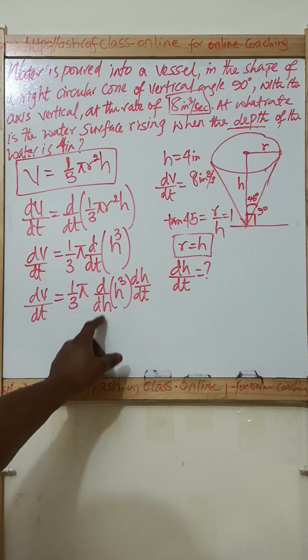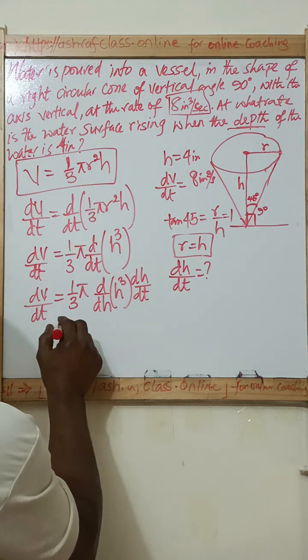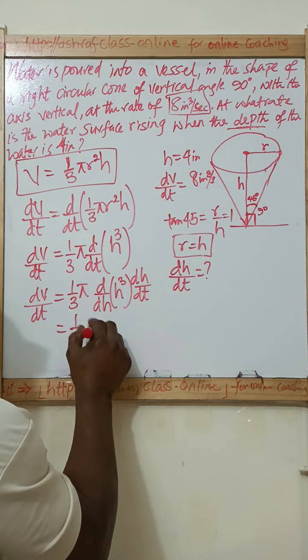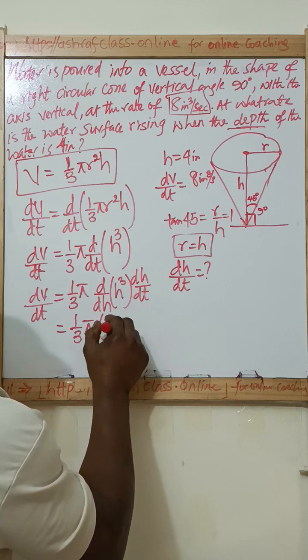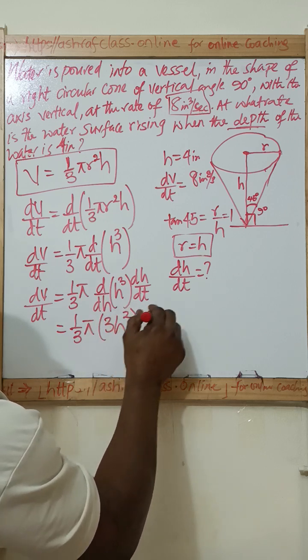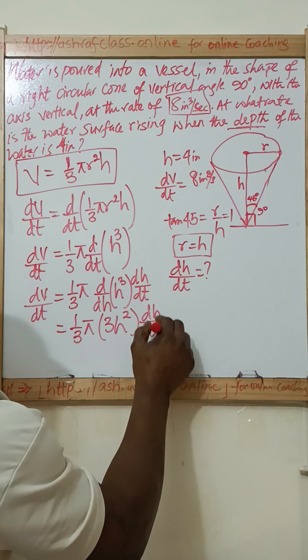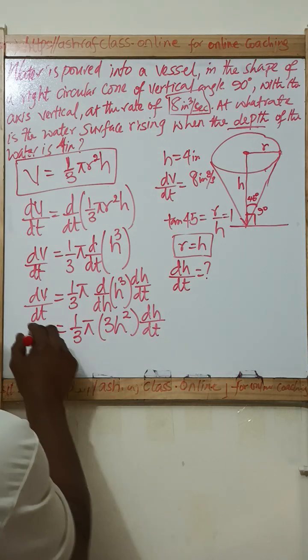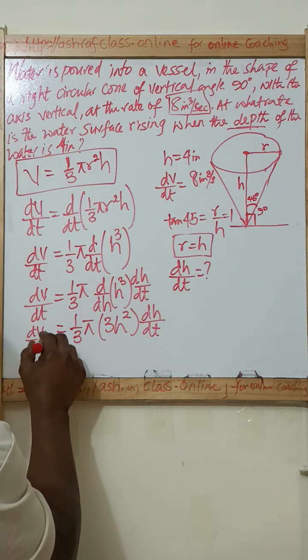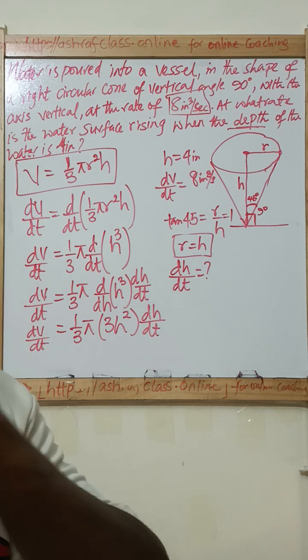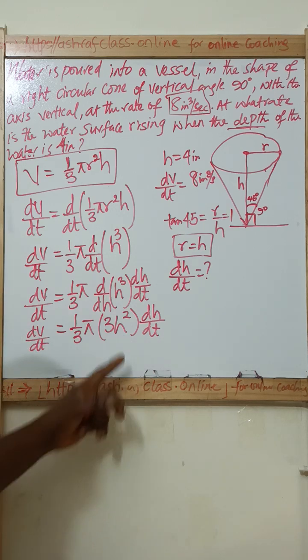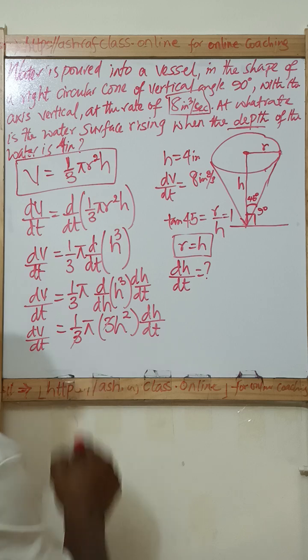When you find d/dh of h cubed, that's going to be 3h squared. So 1 over 3 pi times 3h squared times dh/dt, and this is the dV/dt. Here the 3 cancels the 3.